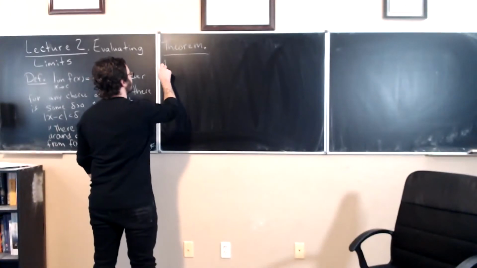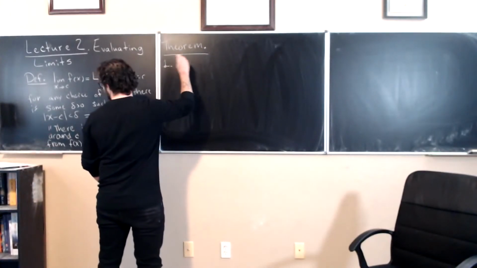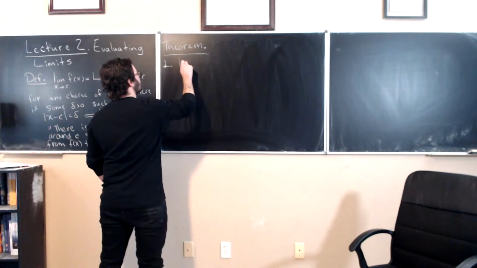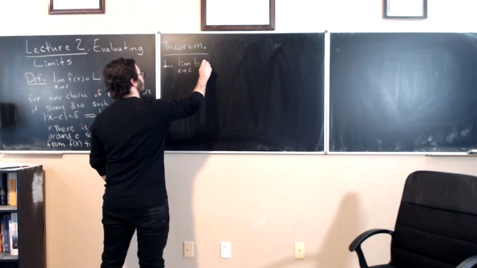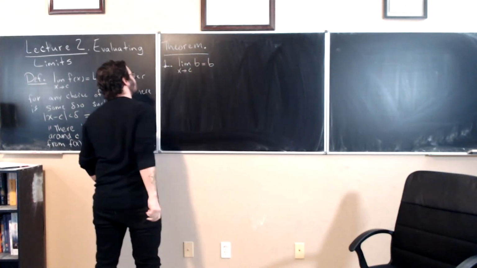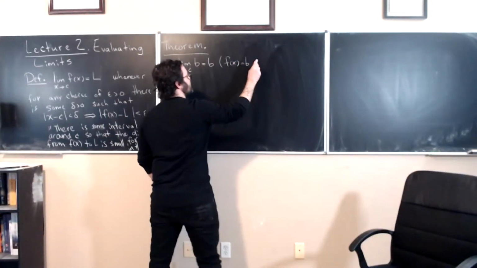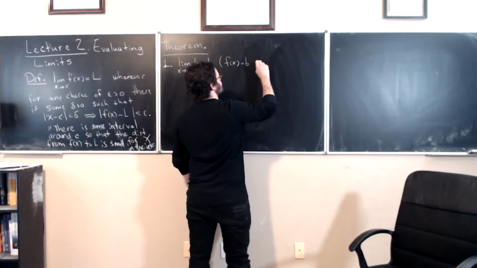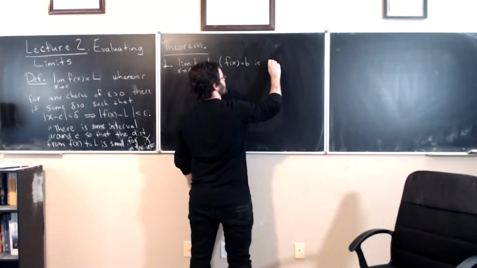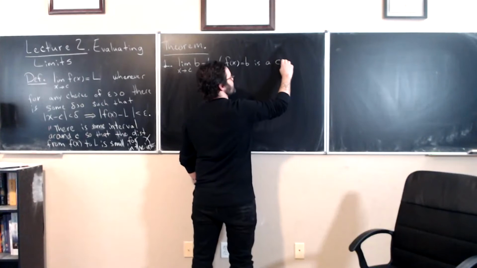And these statements are, part one: the limit as x approaches c of b is equal to b. Now this is if your function f in question is equal to b, a constant function. Right, so b is just some real number.